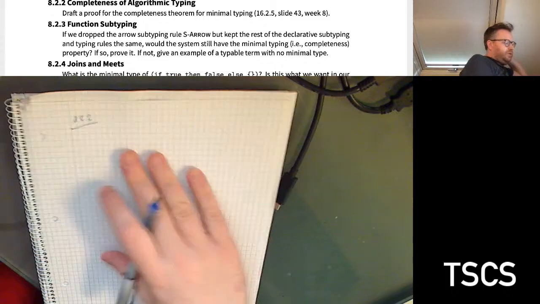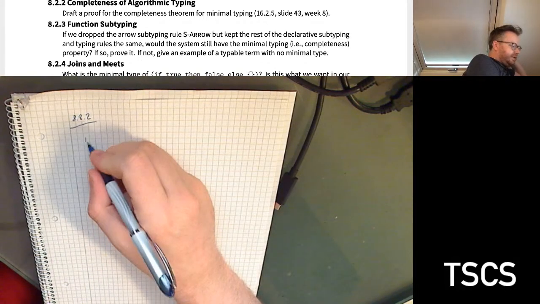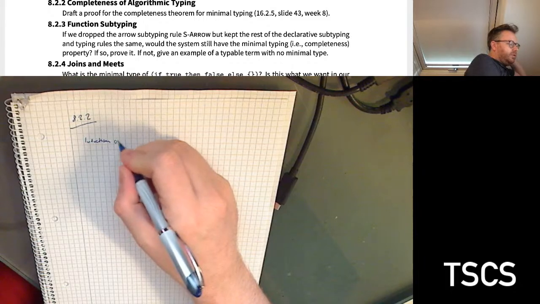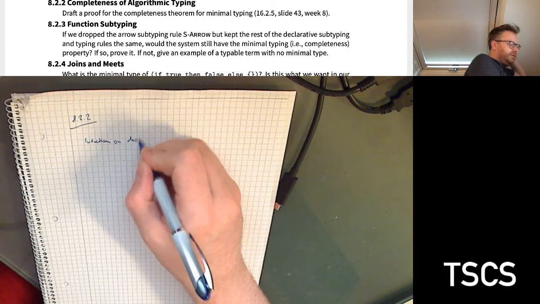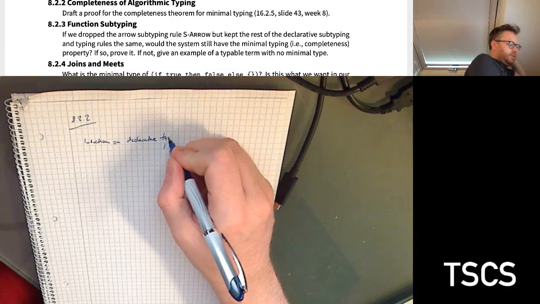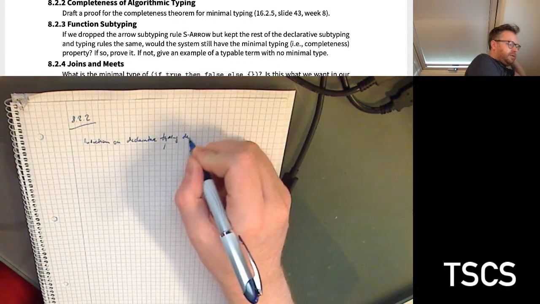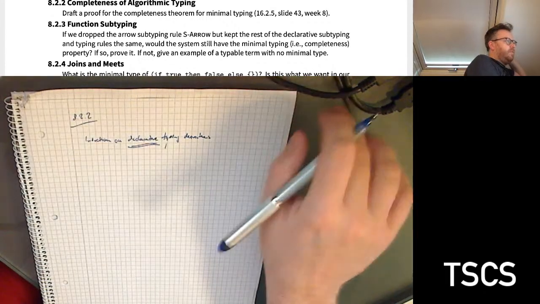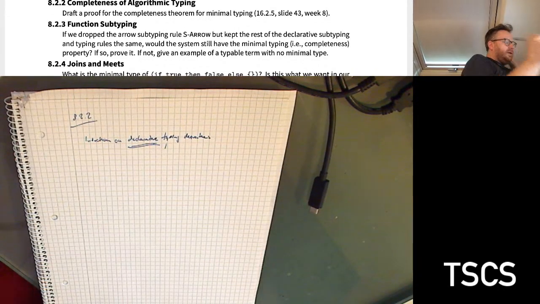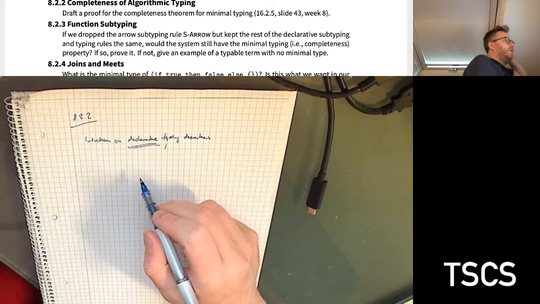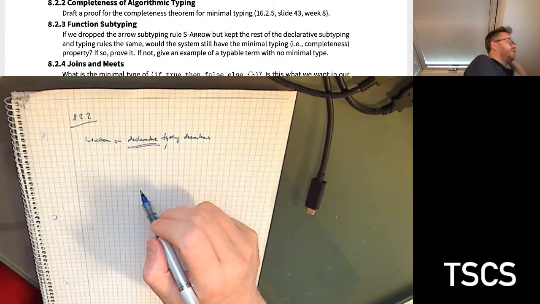So what we do is, again, induction on the declarative typing derivations. And then we do a case-by-case process on the final rule in the derivation.